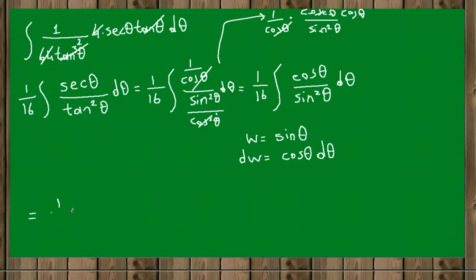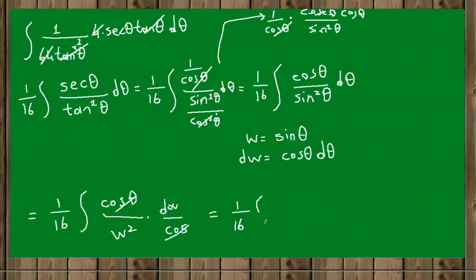So 1/16 integral of cosine theta over, instead of sine squared theta, w squared, and d theta equals dw over cosine. So the cosines cancel out, and what is left is 1 over w squared. We can take w squared to the top as a negative power.